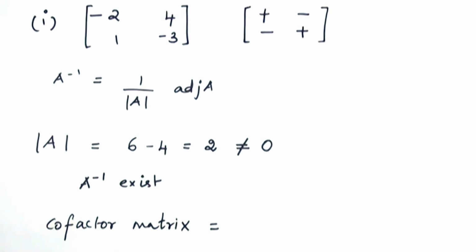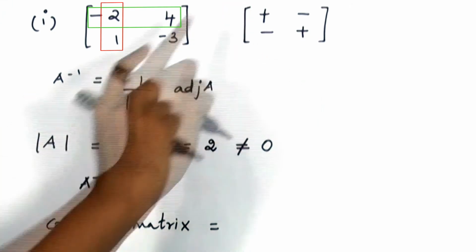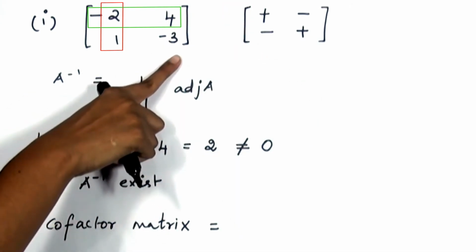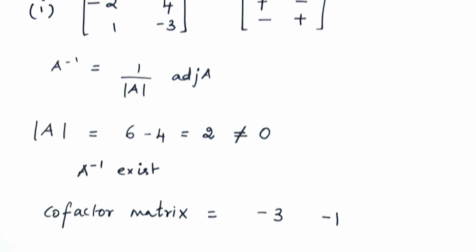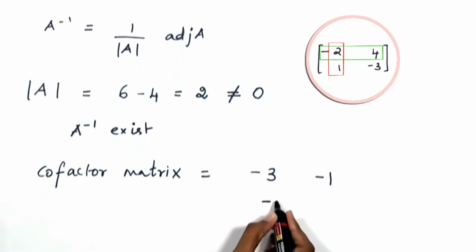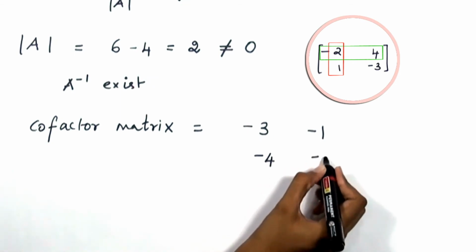So in order to find the cofactor of -2, we will be eliminating this column and this row. The remaining element will be -3. Combining with the symbol, it becomes -3. Similarly, cofactor of 4 is -1 and cofactor of 1 is -4. Cofactor of -3 is -2.